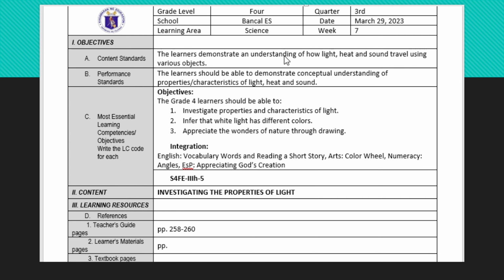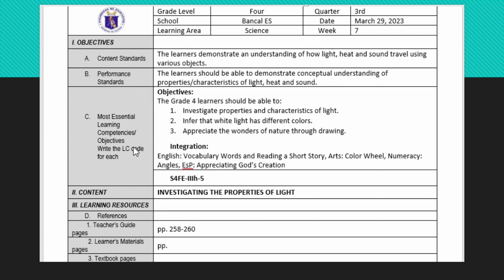So, kailangan po ba na ang content standards at performance standards ay nakalagay po sa ating PowerPoint presentation? Not necessarily, but kung mailalagay po natin ito sa ating PowerPoint presentation, much better. Kasi makikita agad ng mga estudyante kung ano yung matututunan ko for this specific day at kung ano yung dapat kong ma-achieve as a student.